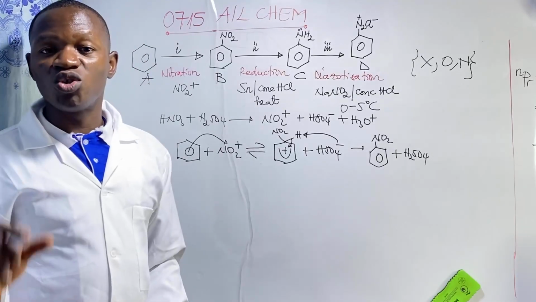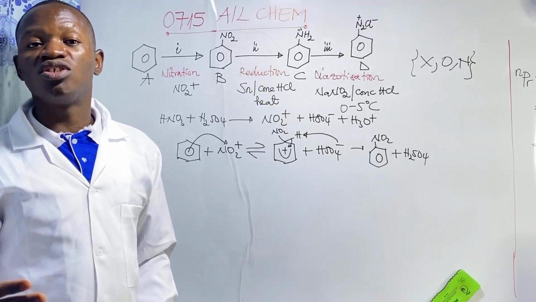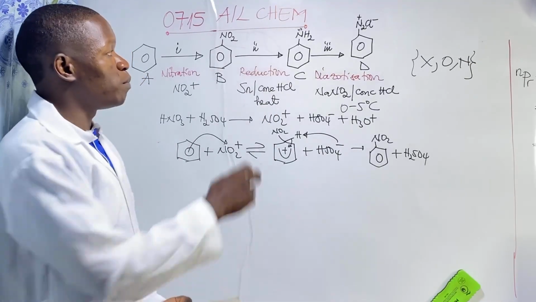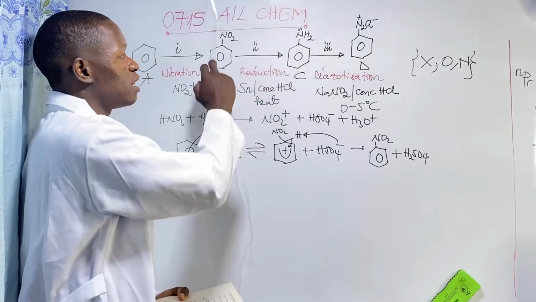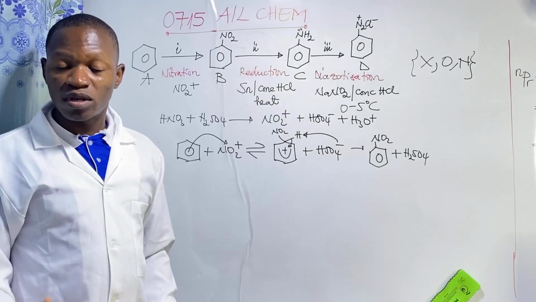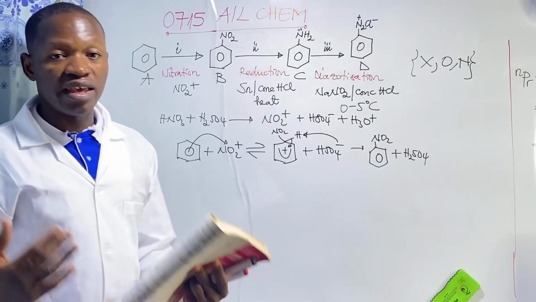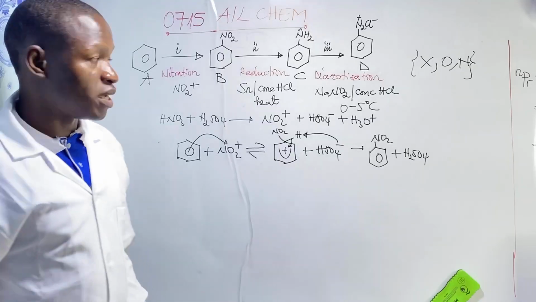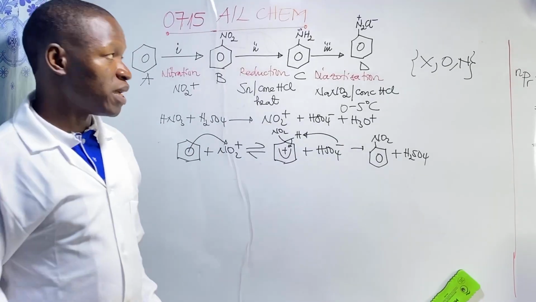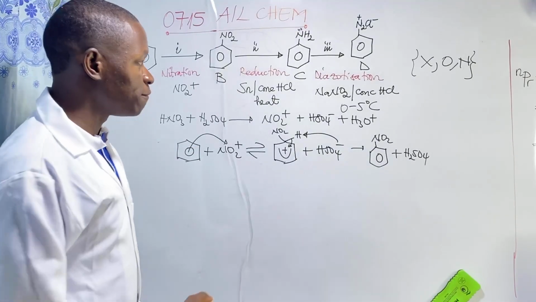Steam distillation is used whenever there is a component in the mixture which can form hydrogen bond with water. Right, so phenylamine, steam is going to be passed through the mixture of phenylamine and nitrobenzene. Phenylamine will form hydrogen bond with the water or with the steam and will be evaporated over, then condensed and separated, while nitrobenzene will be left behind. That is the best method to separate phenylamine from nitrobenzene.